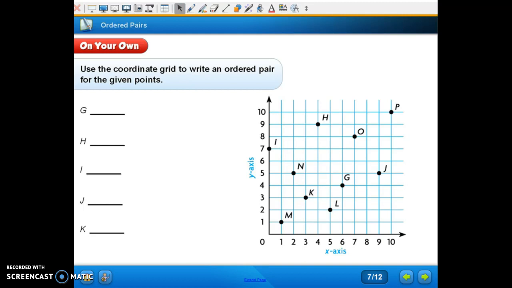All right, now we are at the on your own, and it wants you to use coordinate grid B to write an ordered pair for each given point. So G. Stephen, what is the ordered pair for G? Over 6, up 4. Very good. Next. Do H. Raiden.